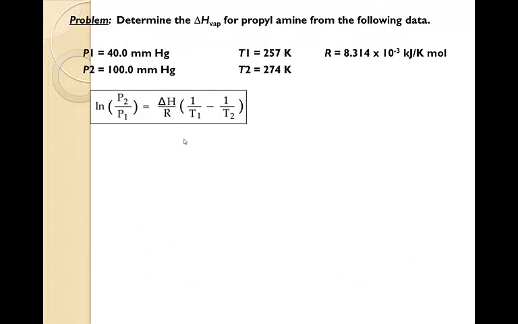Here we have P1 and P2, T1 and T2, and the ideal gas law constant. Notice that this is in kilojoules and not joules, so it's times 10 to the negative 3 up here. We want to keep the 2's together and the 1's together on the equation.